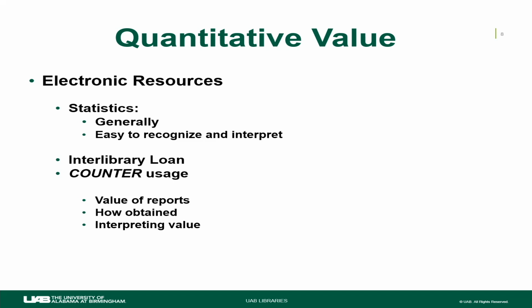I can go through and say, well, if I want to add a title, this particular journal has been requested through interlibrary loan this many times, and this is the cost that I'm having to pay for the Copyright Clearance Center. And because I've gone over the number of usable times I can get something from this journal without having to pay that additional fee for royalty, then that value is there.